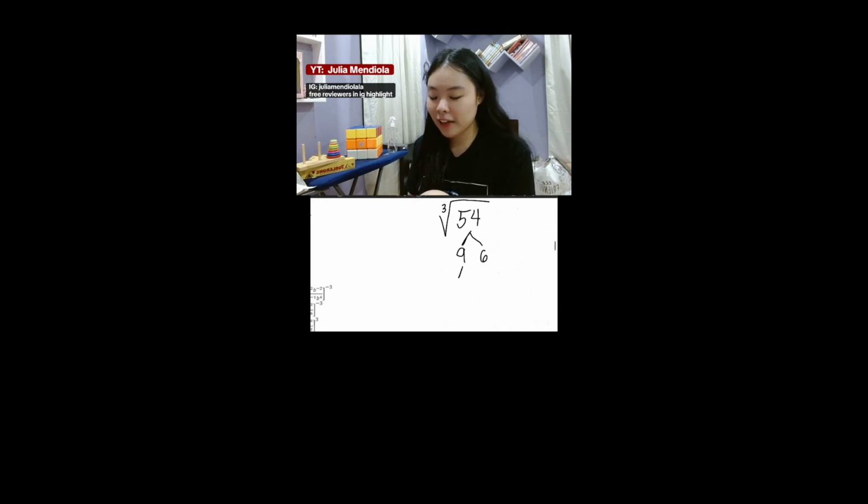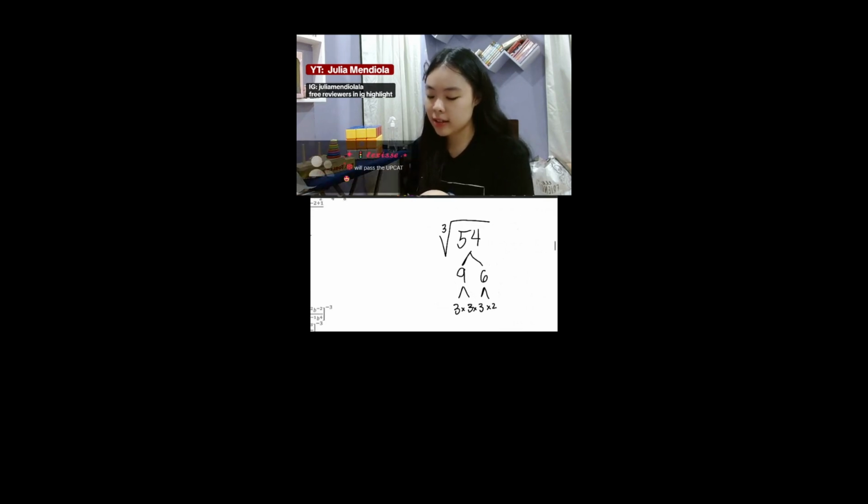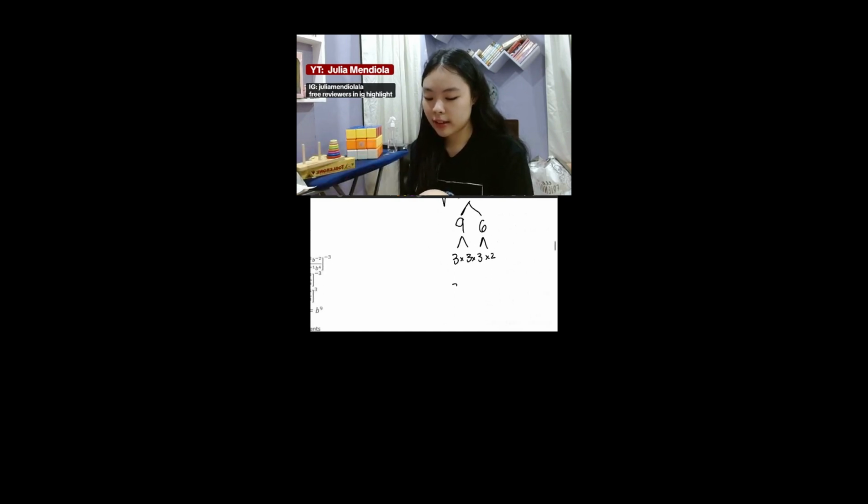Okay. And then we can keep going. This is 3 times 3, and this is 3 times 2. So that's 3 times 3 times 3 times 2 is equal to 54. So we can rewrite that as the cube root of 3 times 3 times 3 times 2.